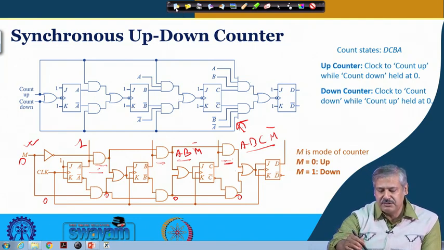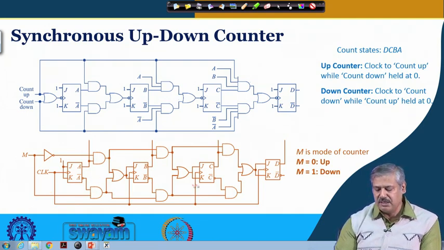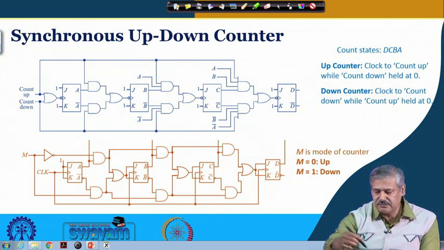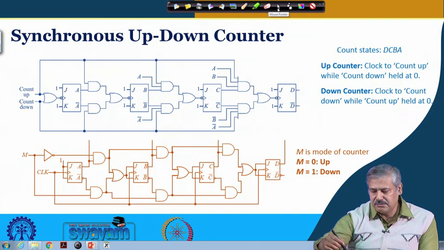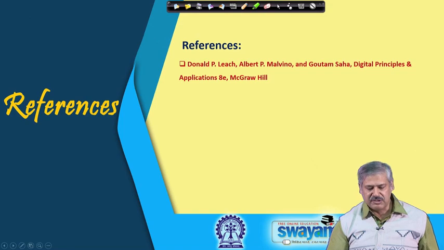So, that we need to take note of. And for M equal to 1, we know that for the down counter A bar, B bar, C bar are the ones that will be fed here. So, this is how we can design a synchronous up down counter.